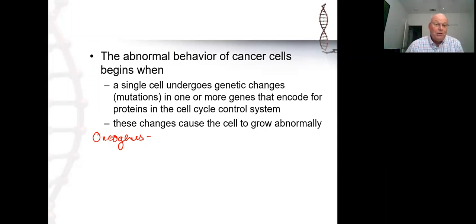They have a normal function. What's their normal function? To tell the cells whether it's okay to divide or not, to regulate cell division. The problem is that when these genes get mutated, they change their role. Rather than regulating cell division, now their role is to tell the cells to divide. They've taken on an abnormal role.